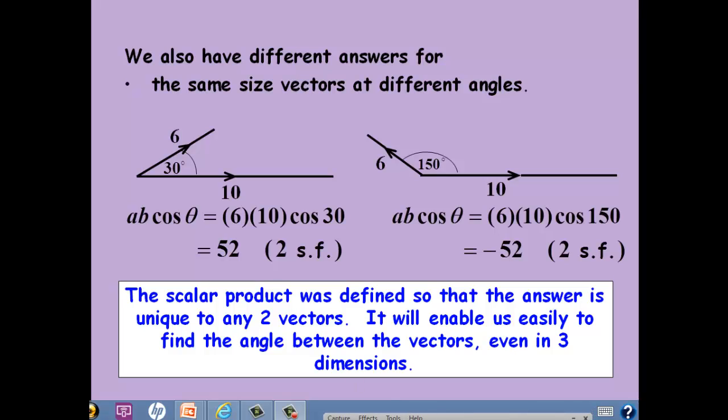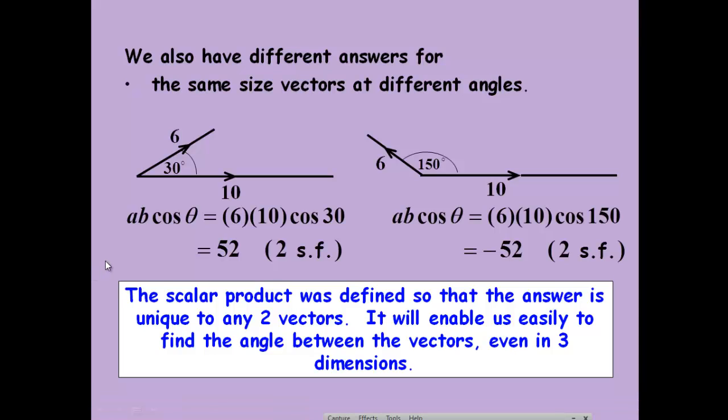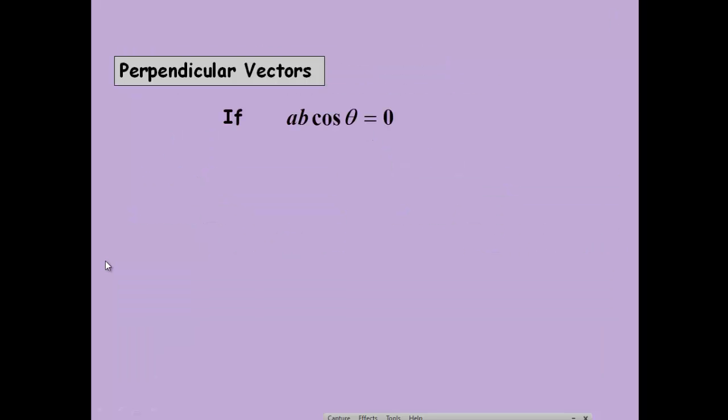So we can use this dot product to find the angle between vectors, even when it's in 3 dimensions. If the dot product equals 0, if the magnitudes multiplied together times the cosine of the angle between the vectors equals 0, that means that one of these factors has to be 0, either A, B or cos theta.